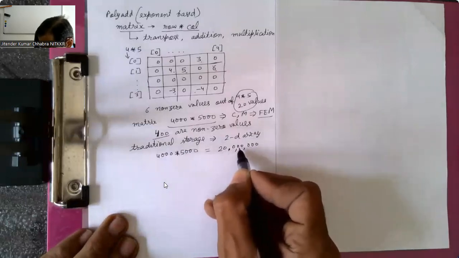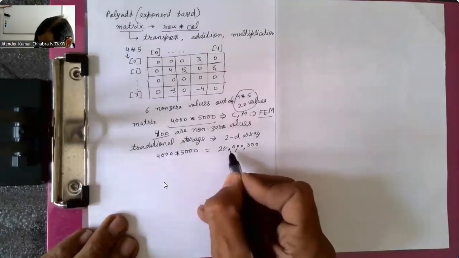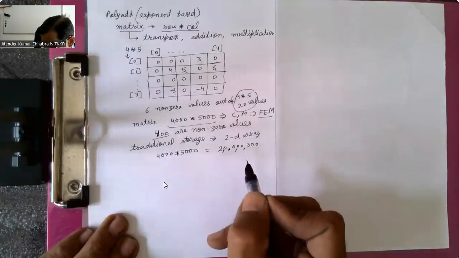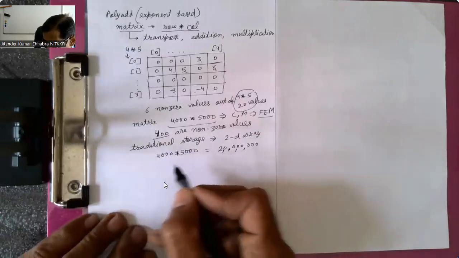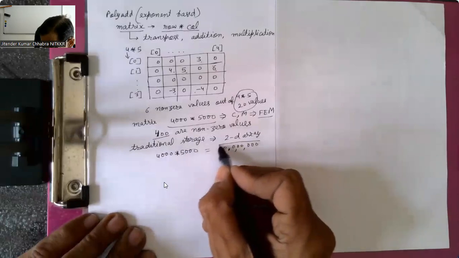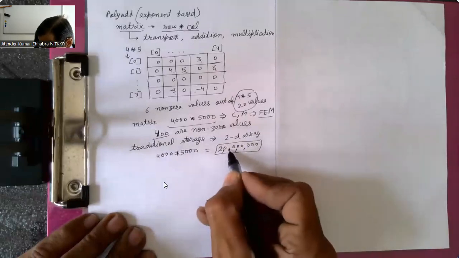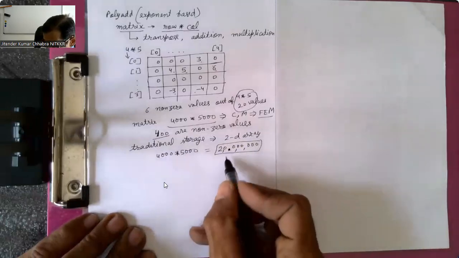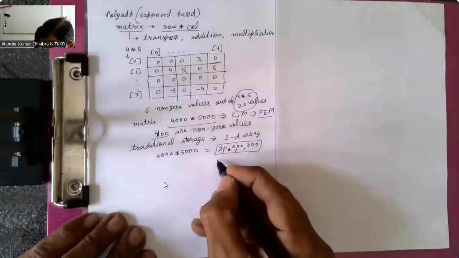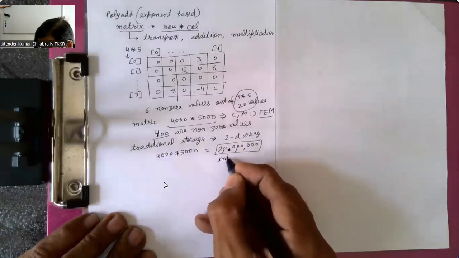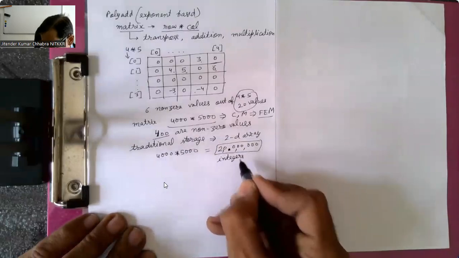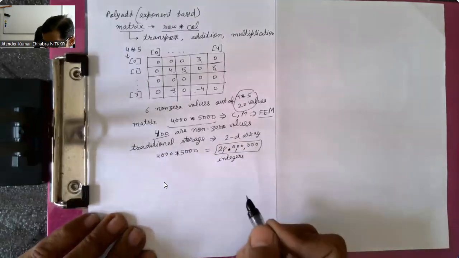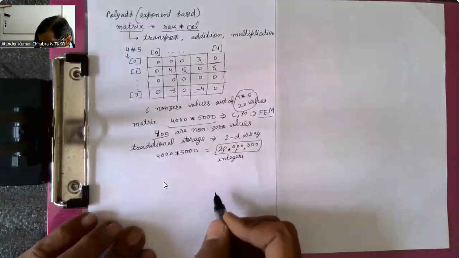So we have 10,000 lakh. Almost I am going to have 2 crore values. Out of this, we have only 300 non-zero values. And if I am storing with the traditional storage, I need to store 2 into 10 raised to 7 integers. Yes, that will take some space, obviously, because I have values.